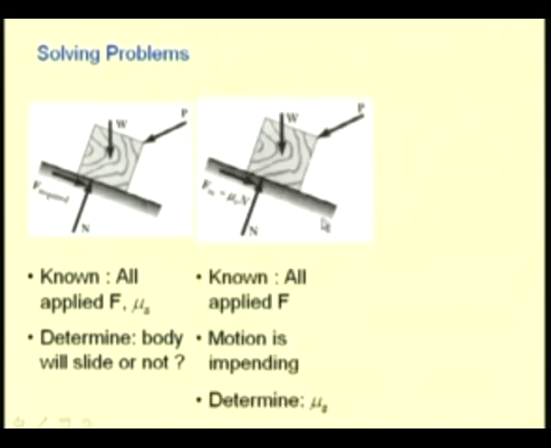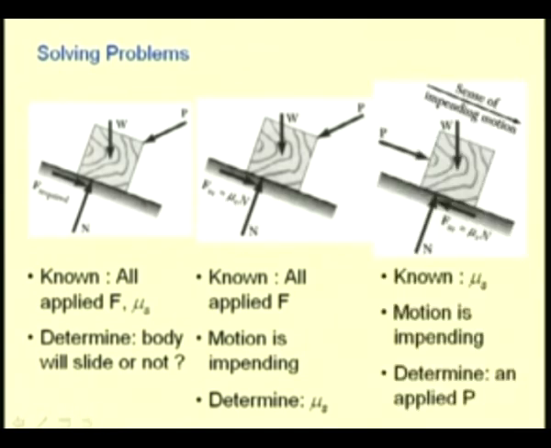The other class of problems can be that we know these forces and we also know that the motion is going to be impending, and we are interested to find the required coefficient of friction. And there are other class of problems where we know this coefficient of friction and the condition that the motion is impending, and we are interested in determining this applied force which is required to cause the motion.